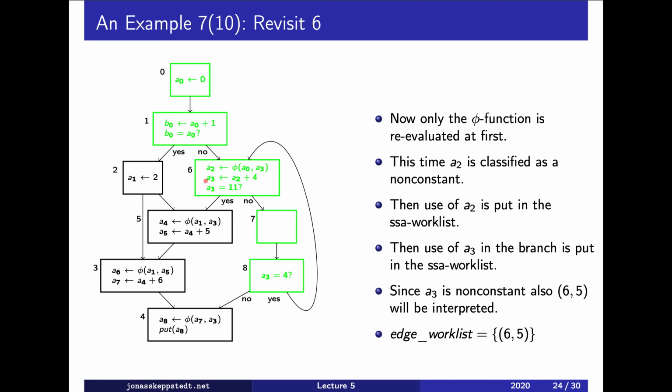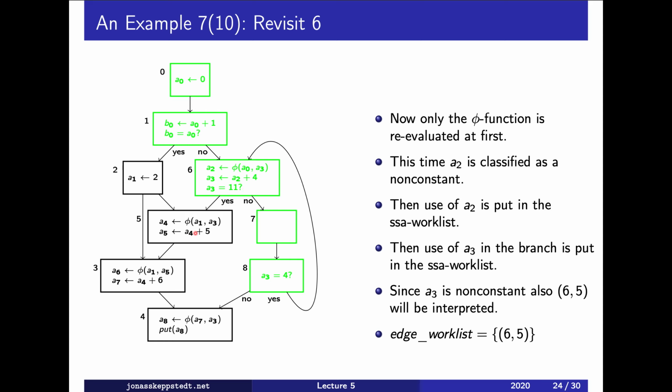It's this instruction, and A3 will also be non-constant, which means we have to add both of these edges, and we have already had that edge, so we add this edge.